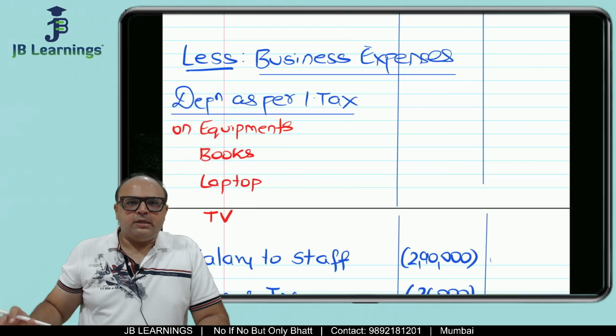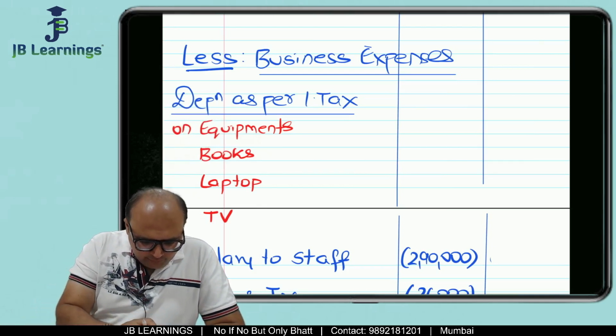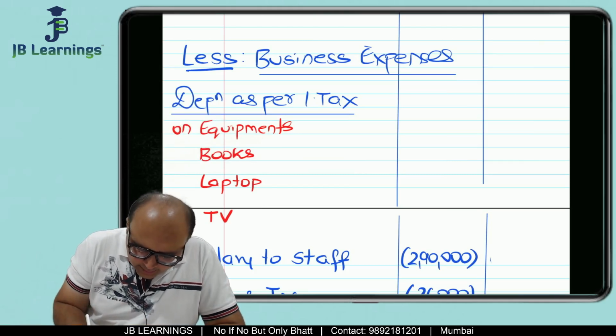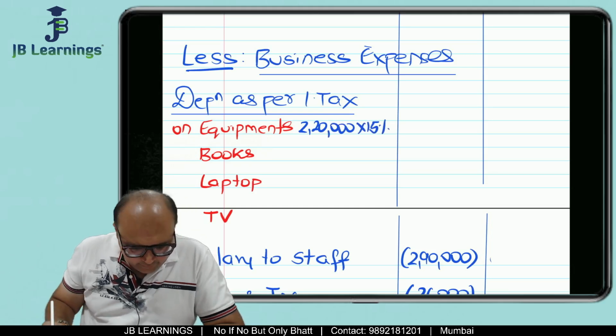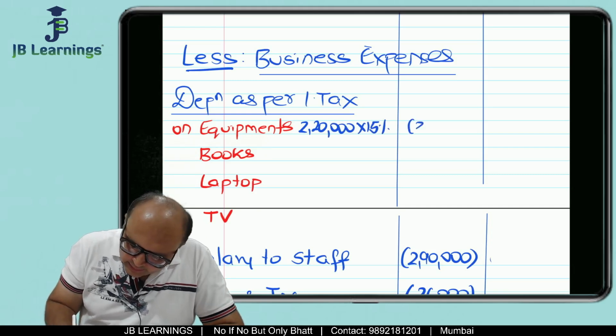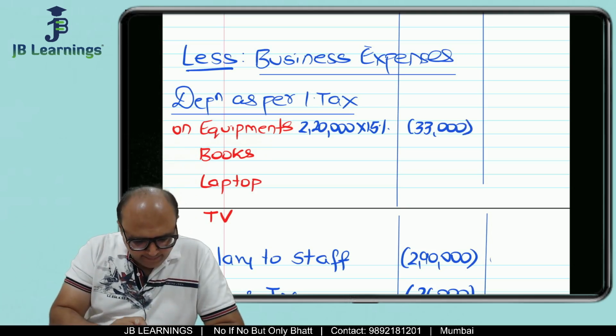Now depreciation, very, very important. Now friends, in depreciation, the very first is nursing home equipment, 2,20,000. So 15% would be the rate of depreciation, which would be 33,000. Books, for a professional, books is an asset.